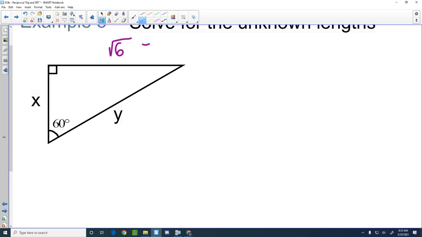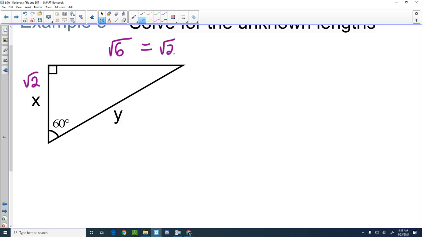So 9, so it'd be 3 times the root of 2 over 3, which is 3 times the root of 2. What do you think it is? 3 times the root of 2. It's actually just going to be a root 2.